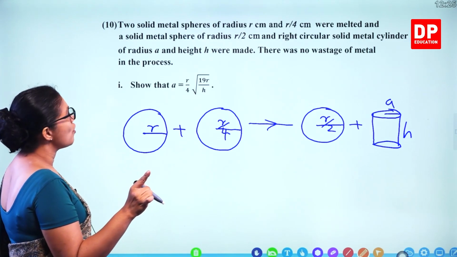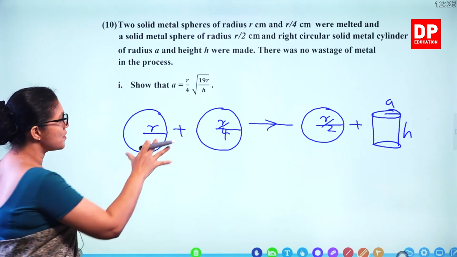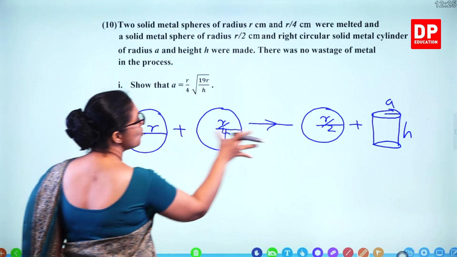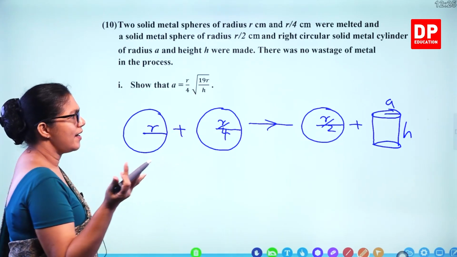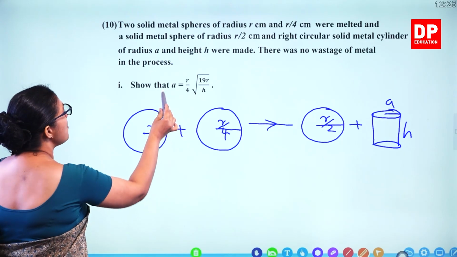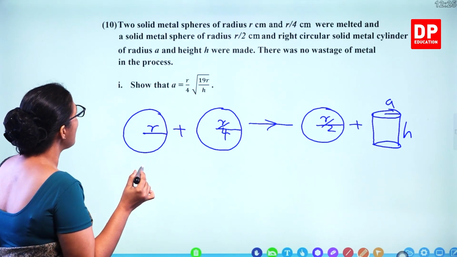There was no wastage of metal, so that means volumes are equal. Volume of these two is equal to volume of these two, and you get an equation and make a the subject of the formula.